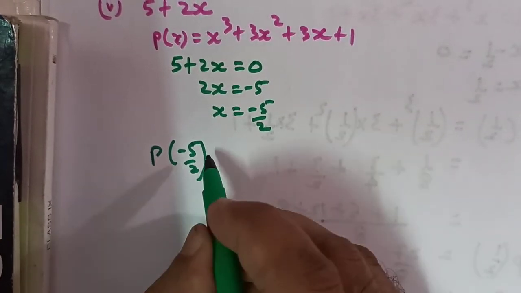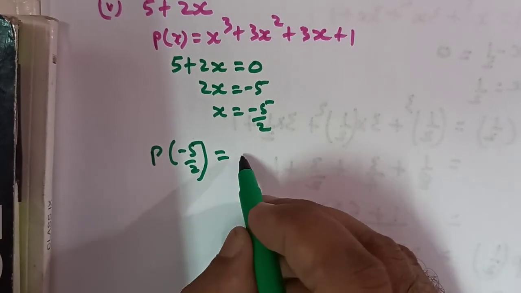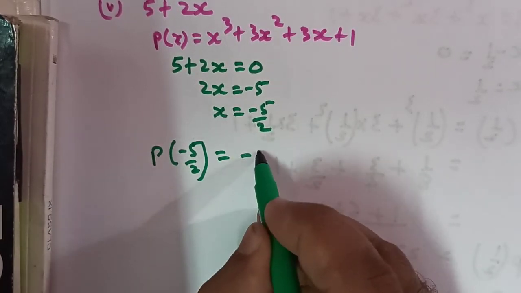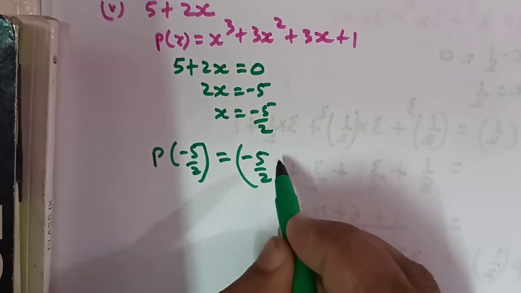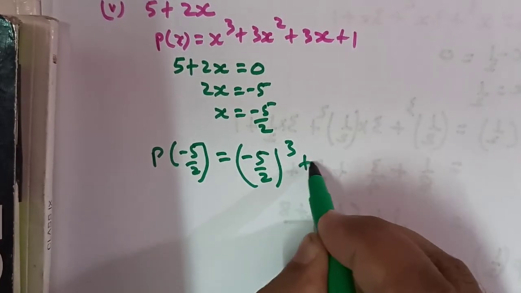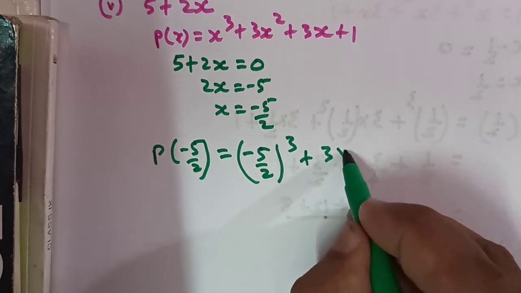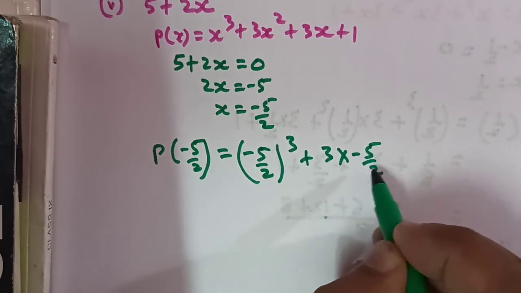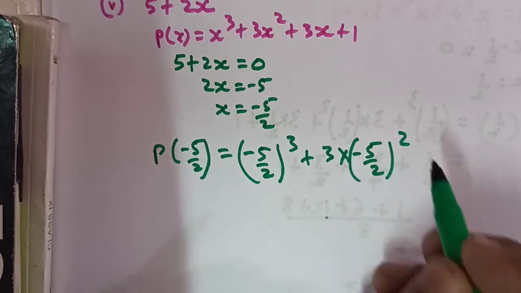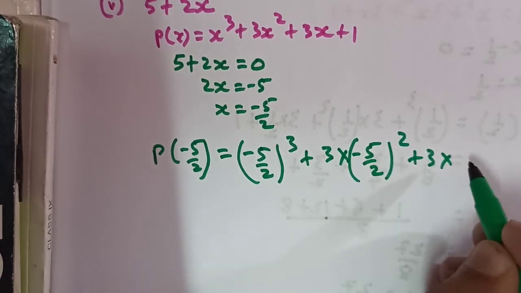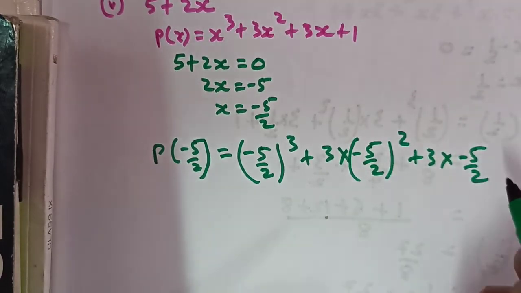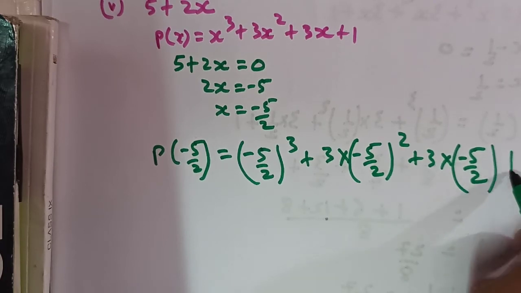So p(minus 5 upon 2) will be x cube, that is minus 5 upon 2 whole cube, plus 3x square, that is 3 times minus 5 upon 2 whole square, plus 3 times minus 5 upon 2, plus 1.